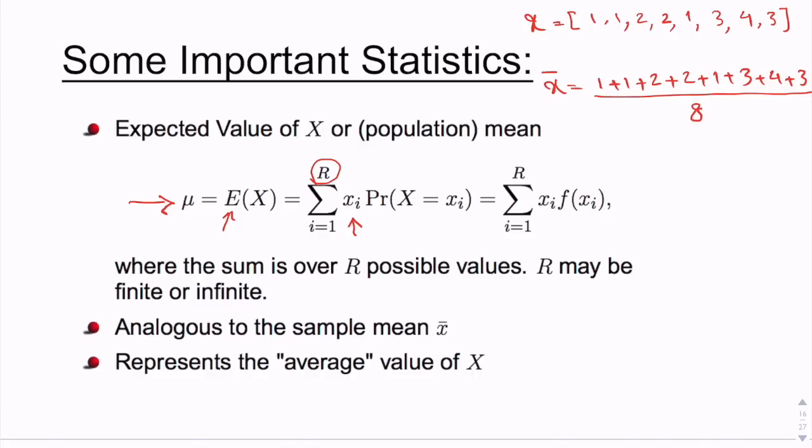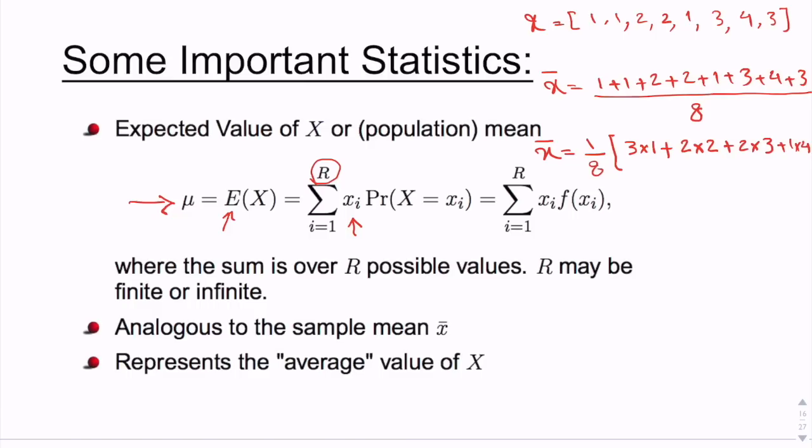So I can say x bar is equal to 1 over 8. Then in here, how many ones do I have? I have 3 times 1, plus, how many 2's do I have? I have 2 times 2. How many 3's? I have also 2, and I have 1 four, so plus 1 times 4, right?